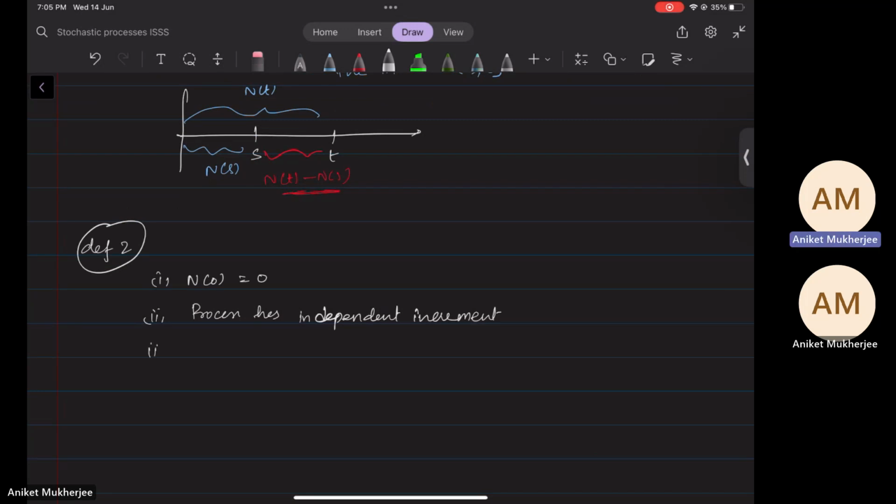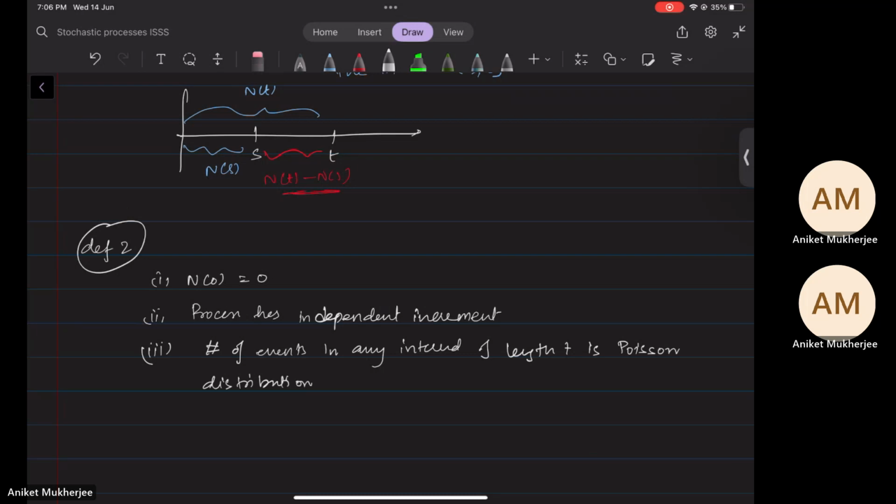And three, the number of events in any interval of length t is Poisson distributed with mean lambda t.